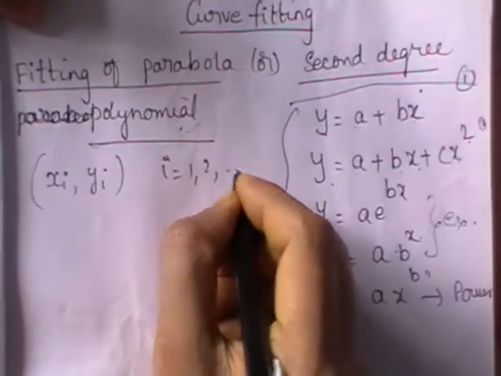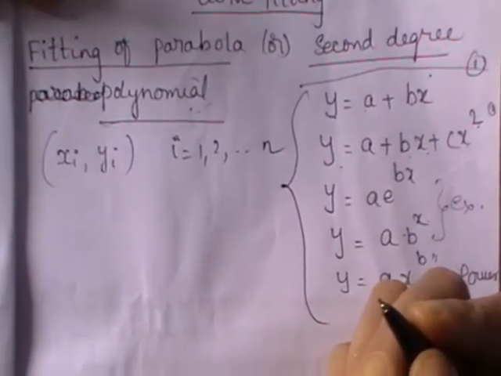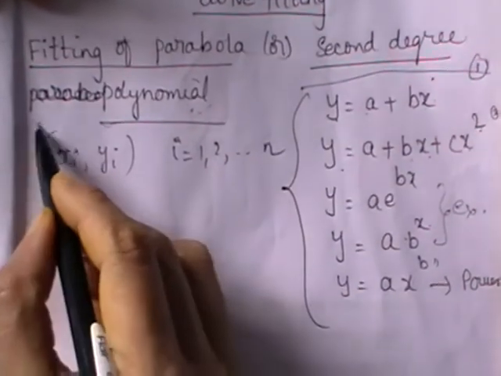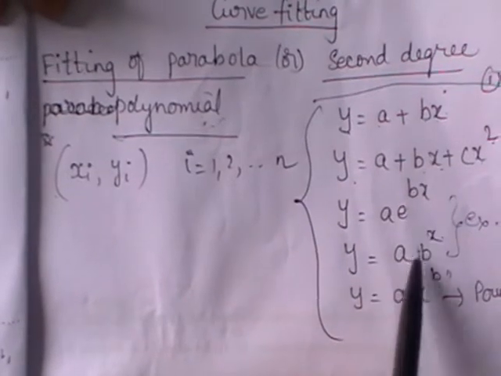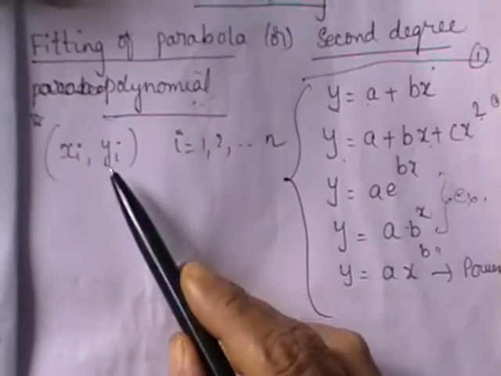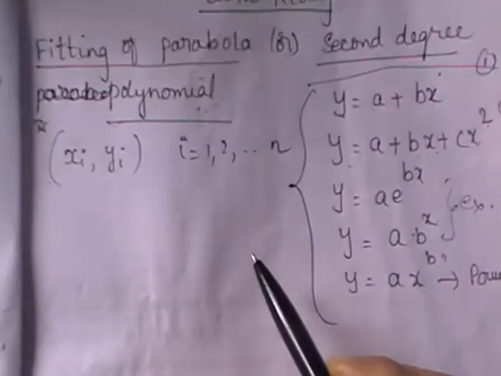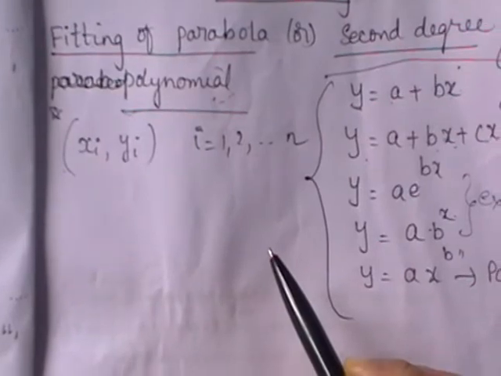Paired means we will have an equal number of observations on both the variables x, y. This is the common line for all fitting, either fitting of a straight line or whatever curve: any of these curves starts with the same line, let xi, yi be the data collected on two random variables x, y.